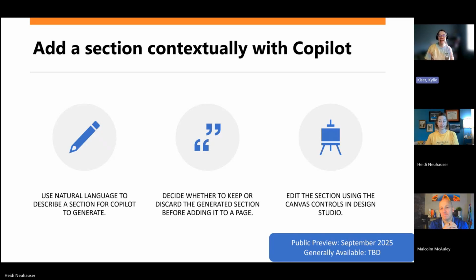I think this is really helpful for those of us who are still new to Power Pages and still learning. We can get Copilot to help us, but we've got to see how this works in real life. Generally available is not yet announced, but it will be available in preview in September.